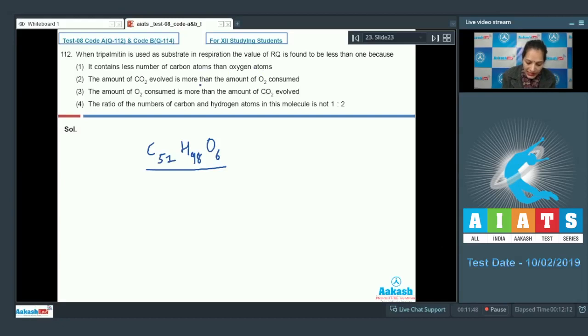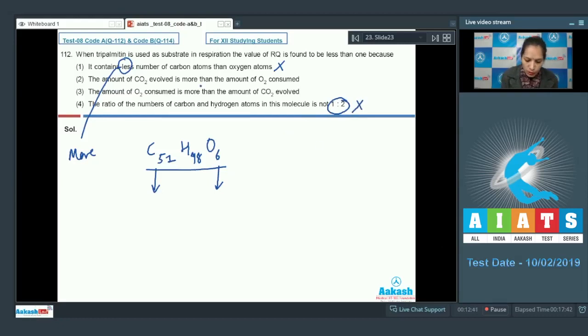No, it has more carbon atoms as compared to the oxygen atoms. As you can see in the formula, carbon atoms are 51 as compared to the oxygen, which are 6. So this option is ruled out. Fourth, the ratio of the numbers of carbon and hydrogen atoms in this molecule is not 1:2. It is approximately 1:2. So this option is also ruled out.